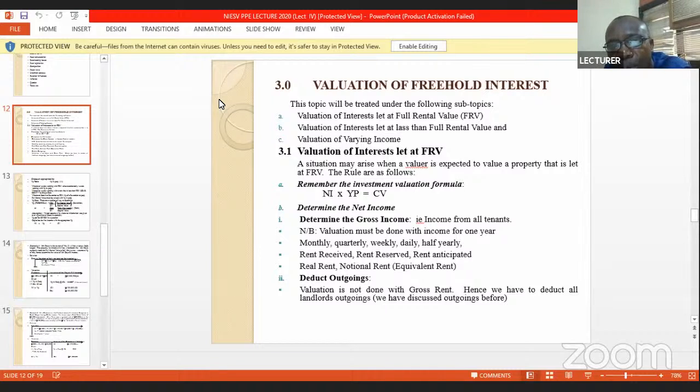For the landlord, outgoings are deducted from his rent. But for tenants, outgoings are added to their rent. So we deduct the outgoings. Once we deduct outgoings, that brings us to the net income.